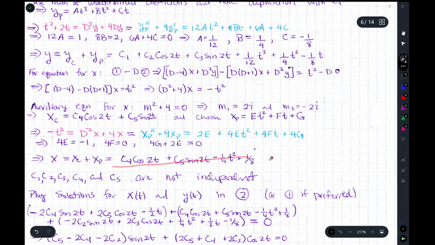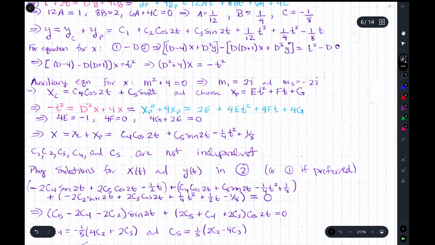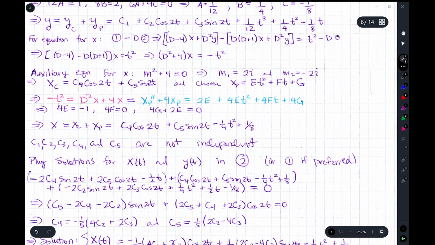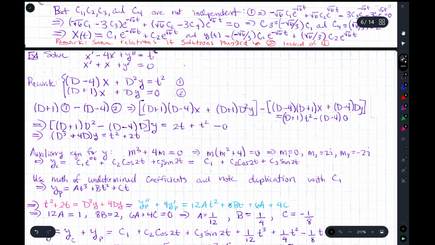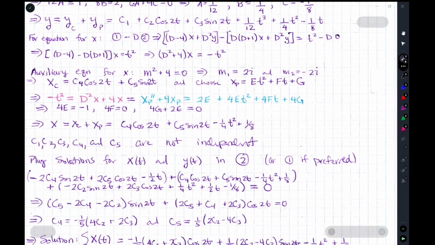Okay, for x, here's our particular solution and here's our complementary function. And you see two constants there. Now C1, C2, C3, C4, C5 are not independent. As we've seen earlier, we have to go back and plug in one of the solutions into one of the equations, or we have to plug in both solutions into one of the equations because each equation depends on both variables.